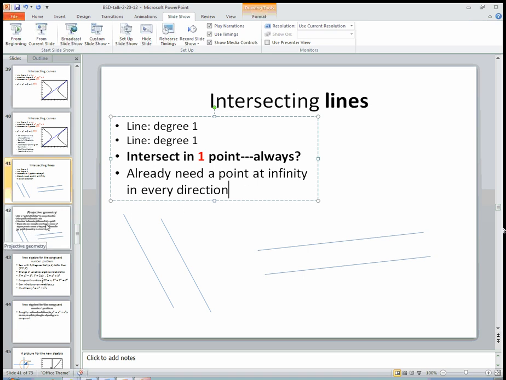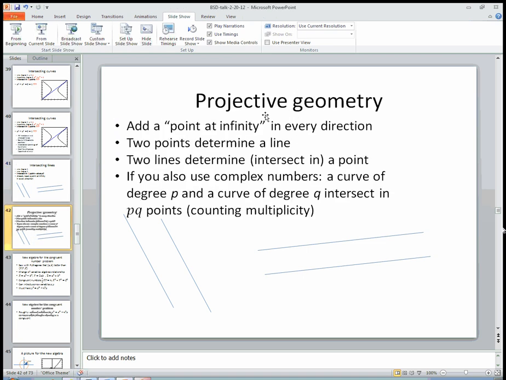Here's the payoff for that, real quick. If you add a point at infinity to the plane in every direction, so a separate point at infinity that way and that way, although the point at infinity in this direction you say is exactly the same as the one in the opposite direction, what you get out of that is a very beautiful thing. We know that in classical geometry, always 2 points determine a line. If you take any 2 points, then you can draw the line between them.